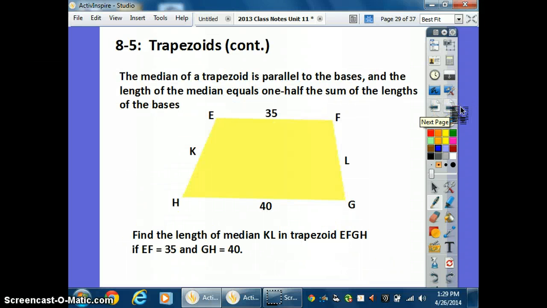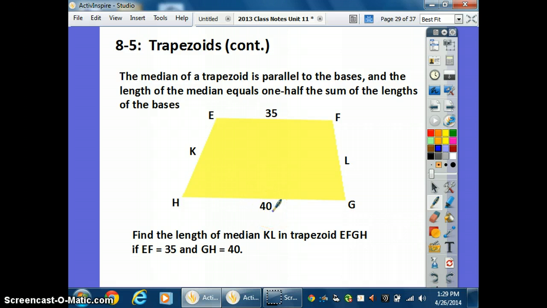Alright, here we have a trapezoid, and remember how the triangles had medians to the midpoint? Well, a trapezoid has a median also. The median of a trapezoid is parallel to the bases, and the length of the median equals 1/2 the sum of the lengths of the bases. Okay, so this base, EF, is 35, and this base, HG, is 40.